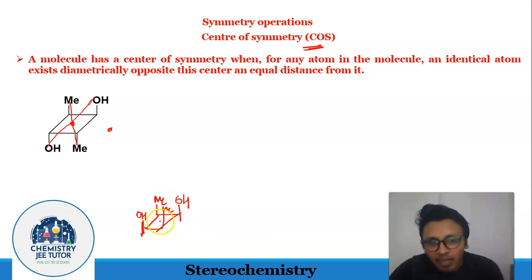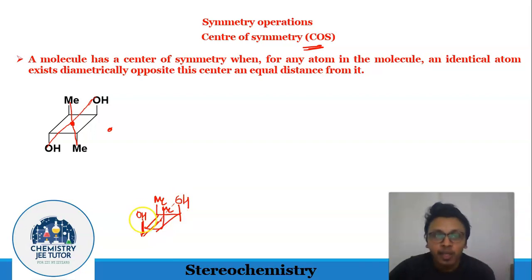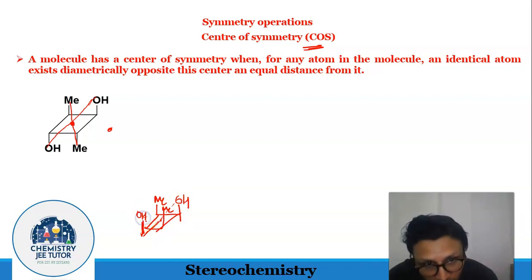Will this same center be a center of symmetry? No. Because if I start from this OH, it should only reach that 3 position when the OH is below the molecule. You can't go from here, pass the center, draw a straight line and reach this OH. So this is an important thing, remember.